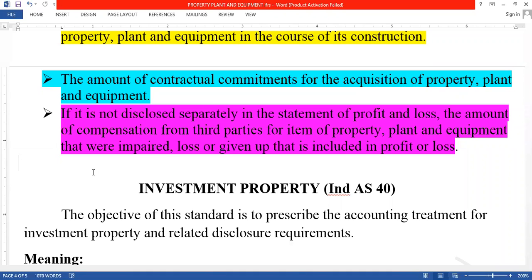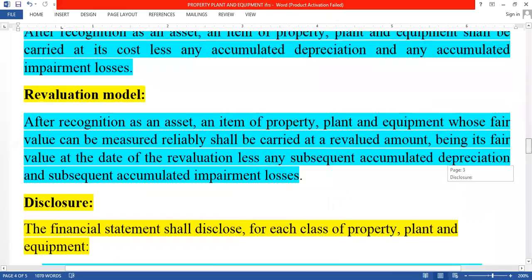This information we should also disclose in the financial statements of property, plant, and equipment. Yes, so this is about property, plant, and equipment.